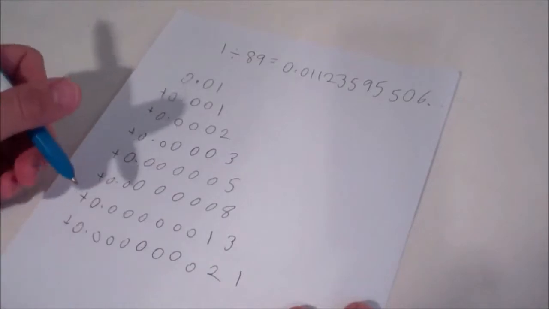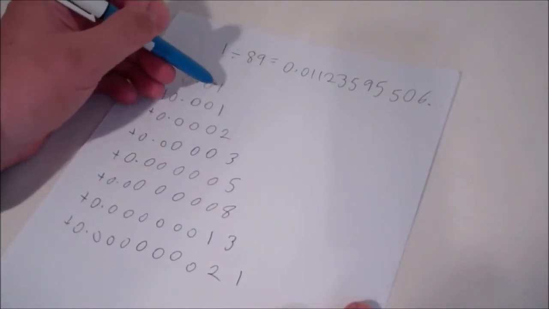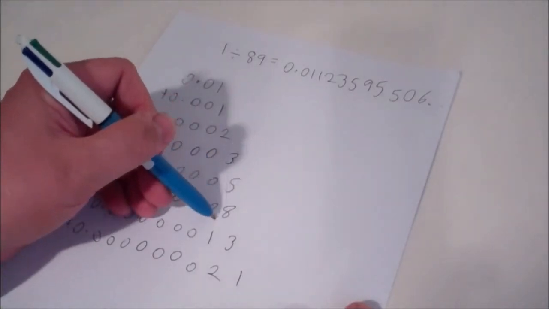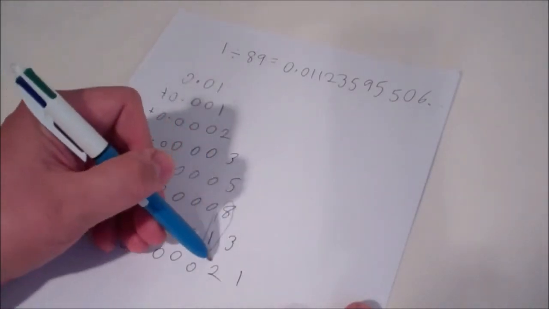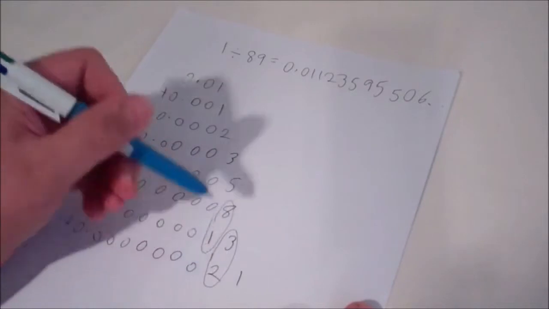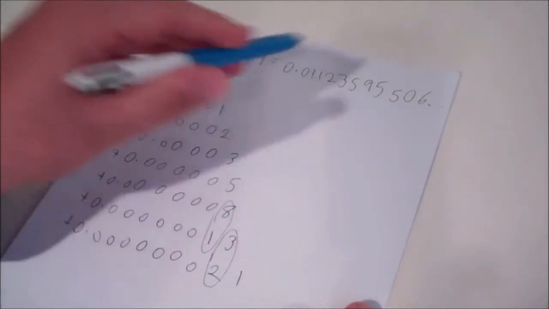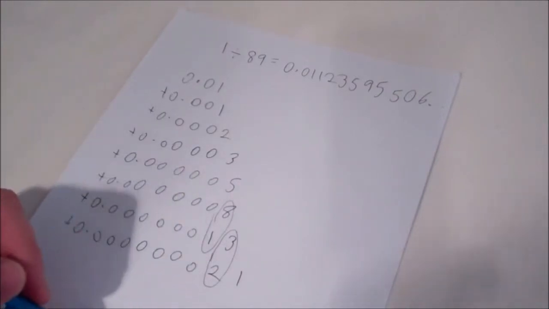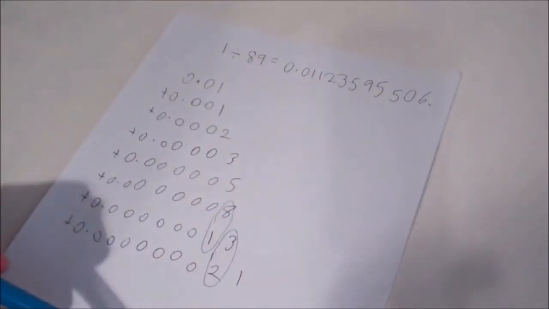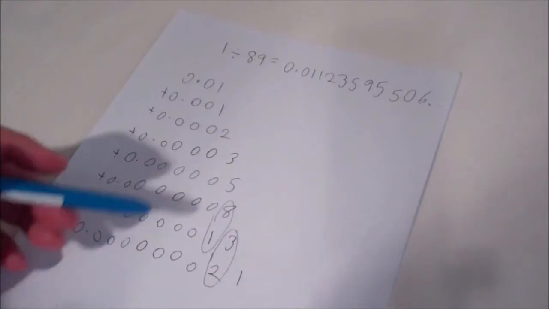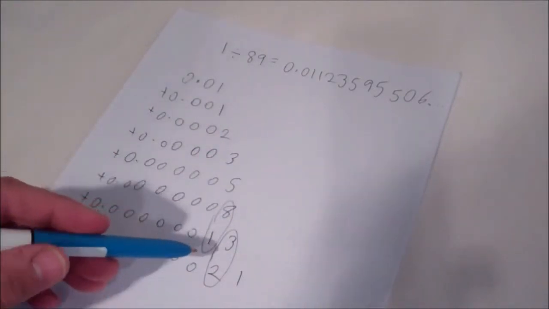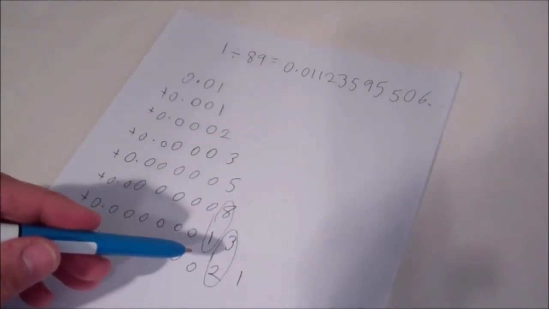And if I kept doing that, look what happens. 0.01123595... And if we continue that, it will actually equal this number in decimal form, 1 divided by 89. So there's the Fibonacci sequence in 1/89th, and 89 is itself a Fibonacci number.